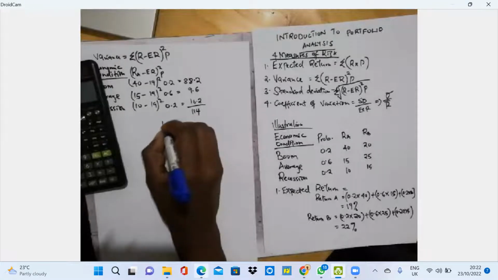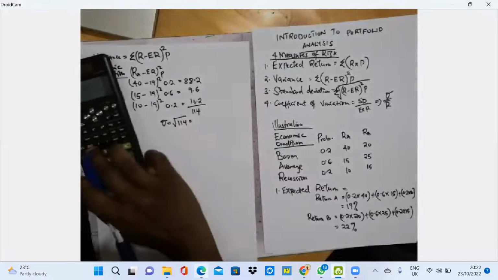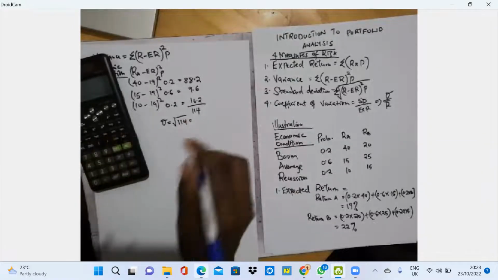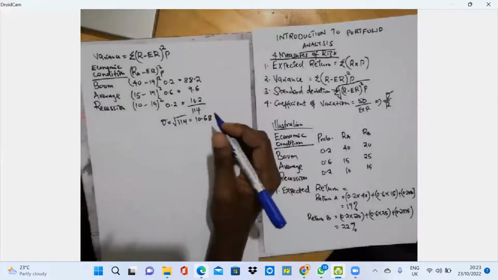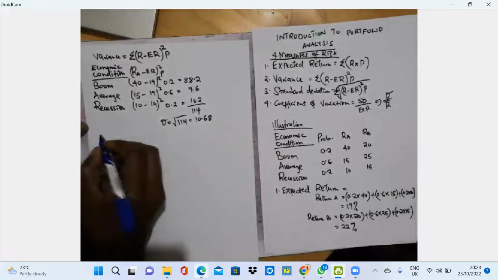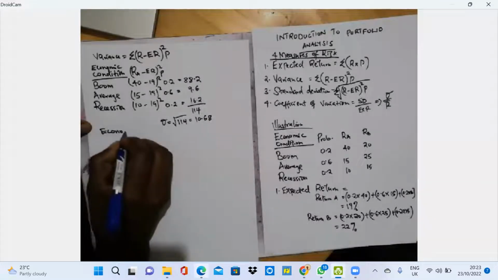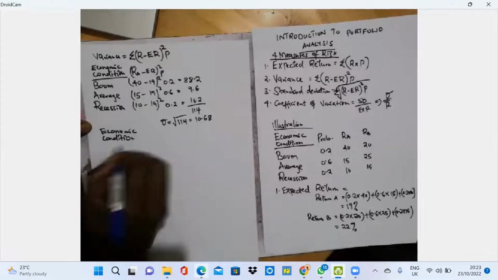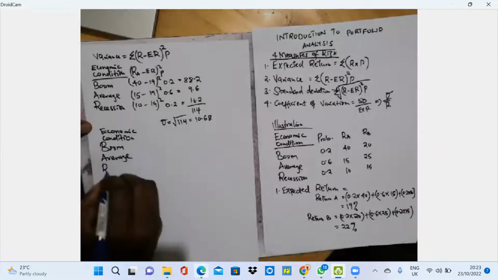To get the standard deviation, we take the square root. So square root answer, that is 10.68. Then for return B, we have the economic condition. We have boom, average, and recession.